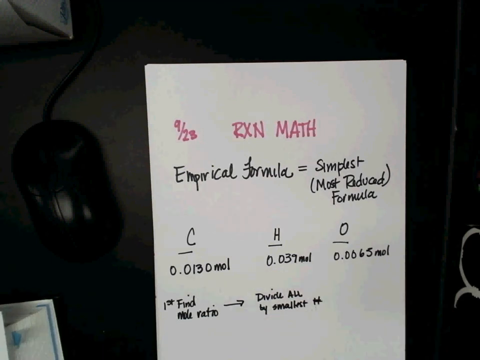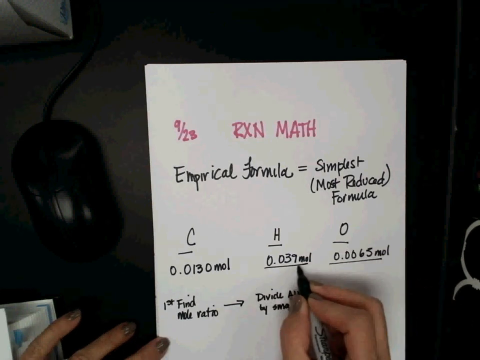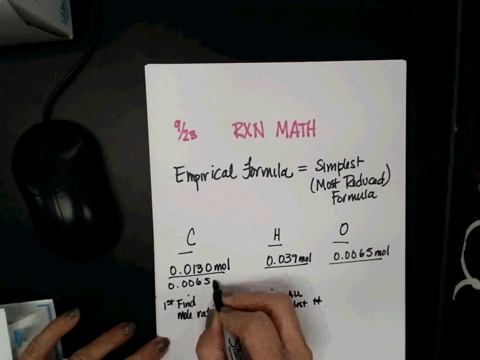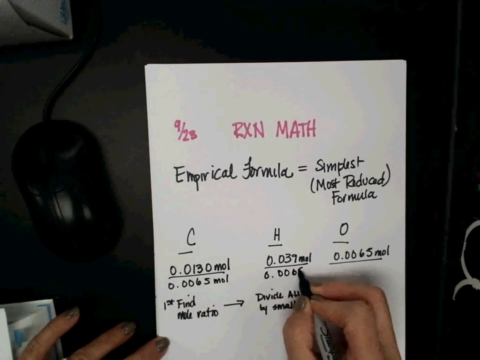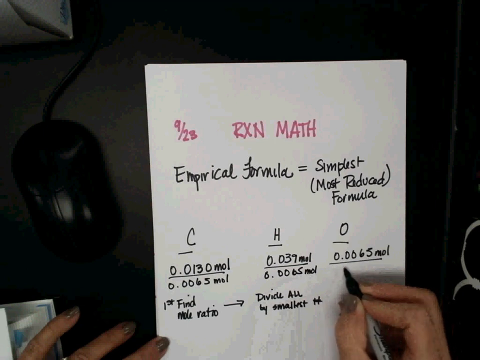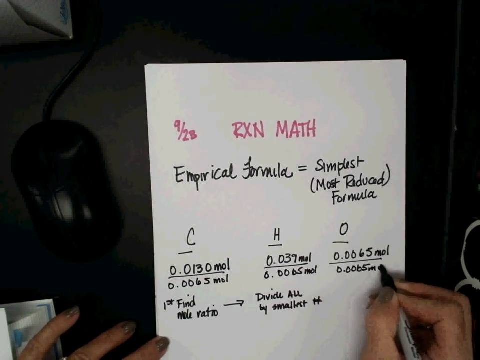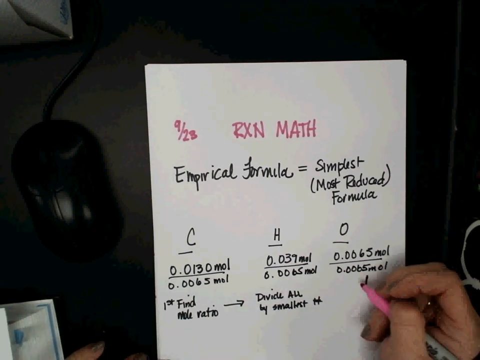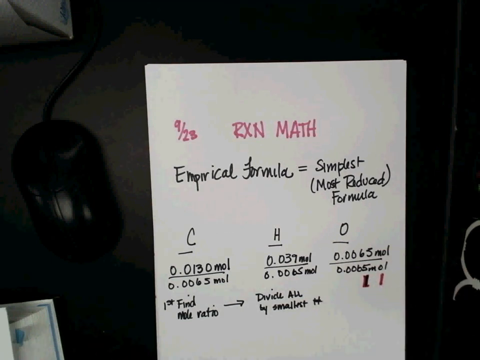So my smallest number obviously is down here, so I'm going to divide each one through. I know I'm going to get a 1 here. Go ahead and get your calculators out and figure out what you get for the other two. So this is a 1, a 1-to-1 ratio.